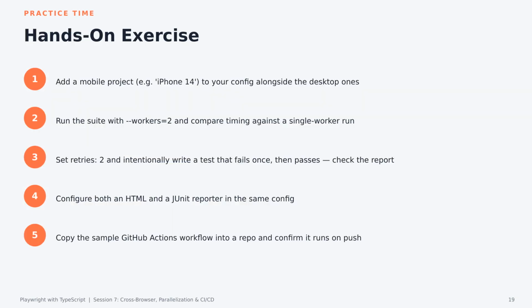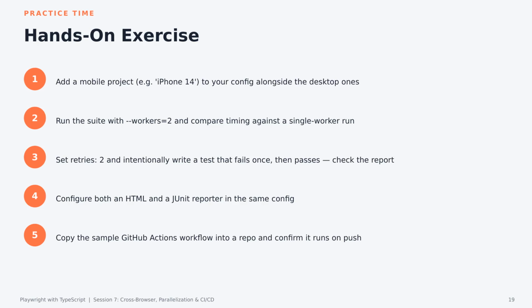Your turn. 5 things. 1. Add a mobile project like iPhone 14 to your config alongside your existing desktop ones. 2. Run your suite with --workers=2 and compare the timing against a single worker run. 3. Set retries to 2 and intentionally write a test that fails once and then passes.